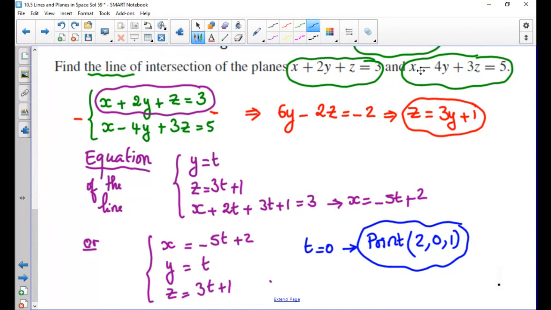So x is 2, y is 0, z is 1, 2 plus 3 times 1 is 5, and we're okay. You can check any t you take, you will get a point. You can check that that point is both in this plane and that plane. If it's not, then your answer is not correct. Does that make sense? Okay. So that's how you find the intersection of two planes if you have their equations.